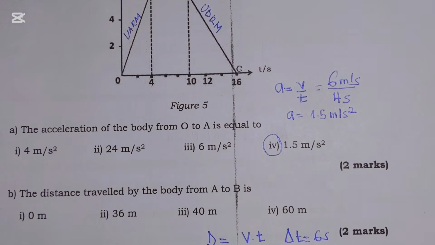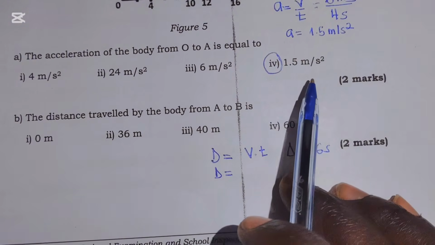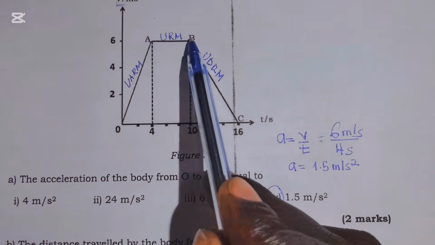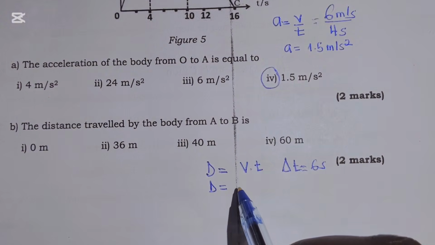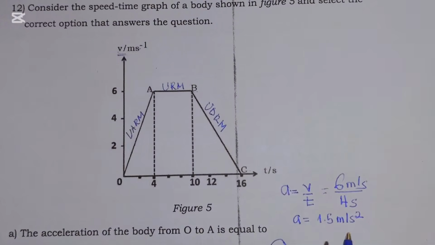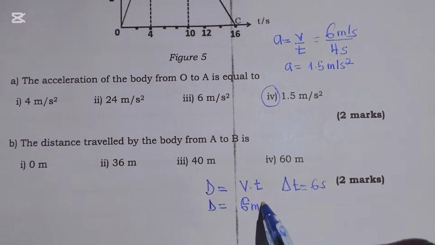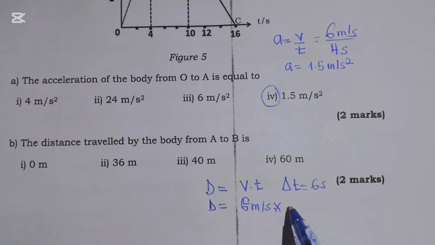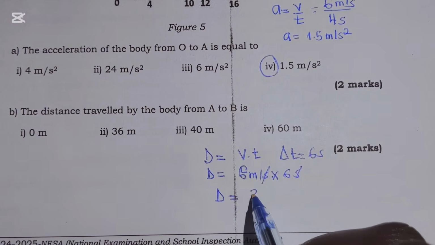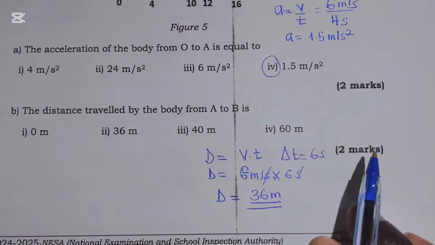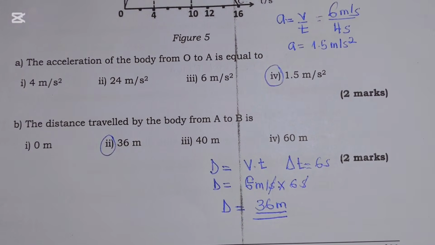Velocity remains constant at 6 meters per second, times 6 seconds, so the distance is 36 meters. The corresponding answer is letter B.